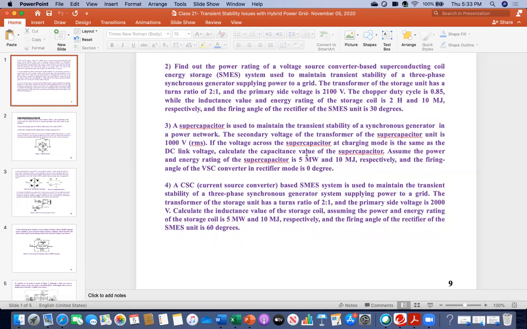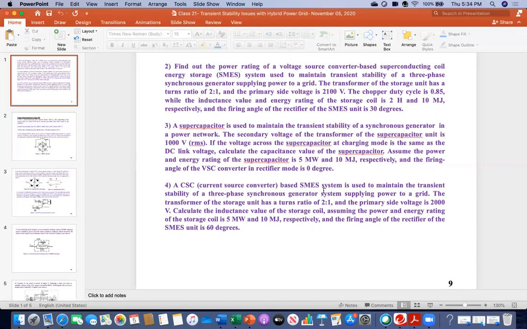If the voltage across the supercapacitor at charging mode is the same as the DC link voltage, then calculate the capacitance value of the capacitor. Assume the power and energy rating of the supercapacitor is 5 megawatt and 10 megajoule respectively, and the firing angle of the VSC converter in rectifier mode is 0 degree.